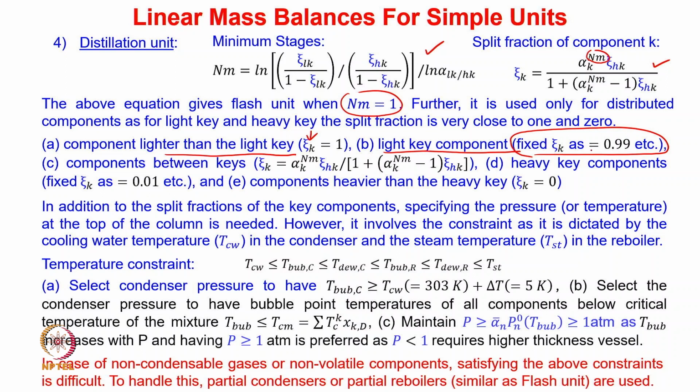Very often we take a value of zeta k for the light key component equals 0.99. For all other components between light key and heavy key, we calculate the split fraction using this particular equation.